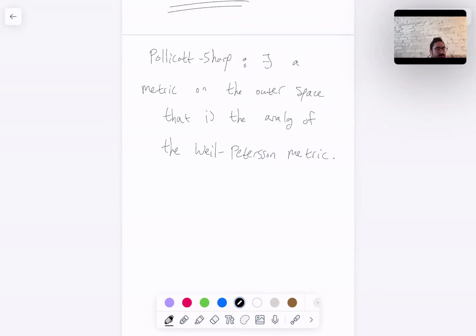Okay. And Pollicott and Sharp define this metric. They don't study too many of its properties. Their paper is mainly focused on showing the well-definedness of this metric.